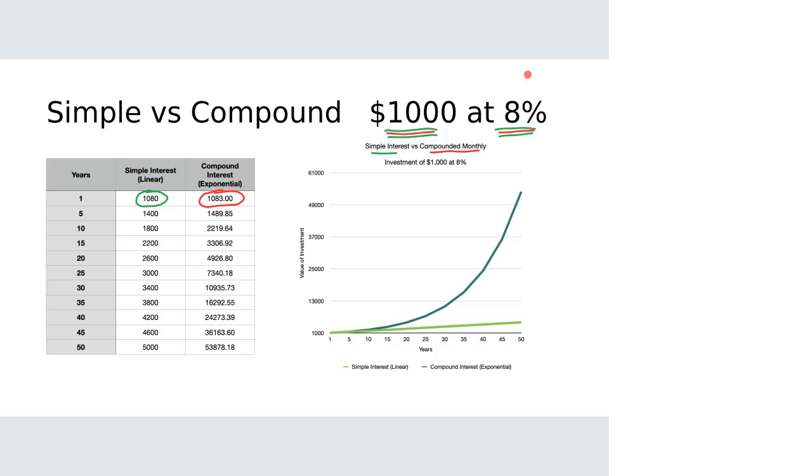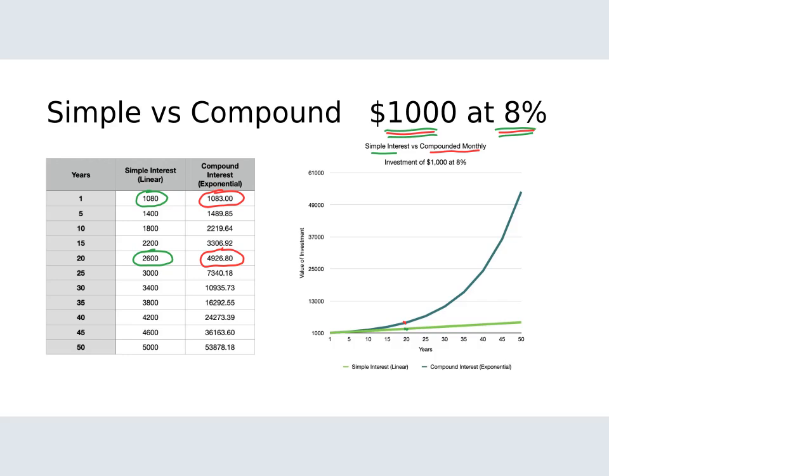For example, after 20 years, my simple interest investment is $2,600. My compound interest investment is $4,900. And you might think, it's still not that big of a difference. Okay, well, let's go out in the future a little more, because remember, with exponential growth, we're earning interest on our interest.